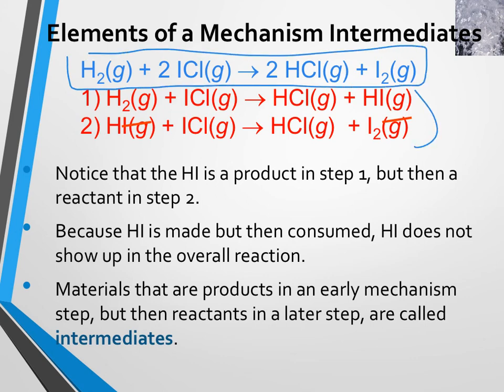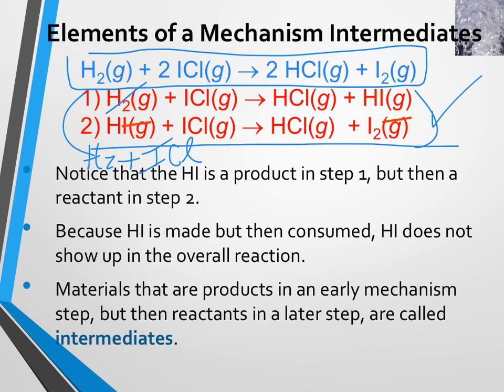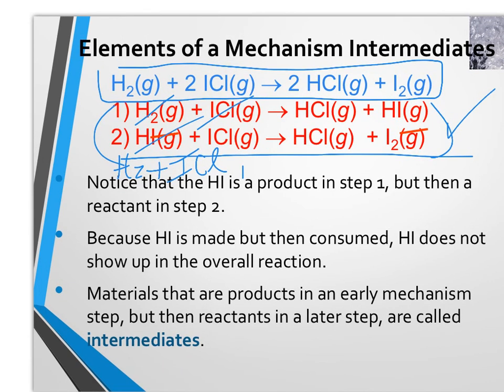and here's the proposed mechanism. If I were to ask you, is this proposed mechanism possible? Does it meet the requirements? The first thing that you would do is add together all of the reactants of the two steps. So I'm just starting here, H2 plus ICl, and keep adding reactants, plus HI, plus ICl, and then arrow, and then add all the products.